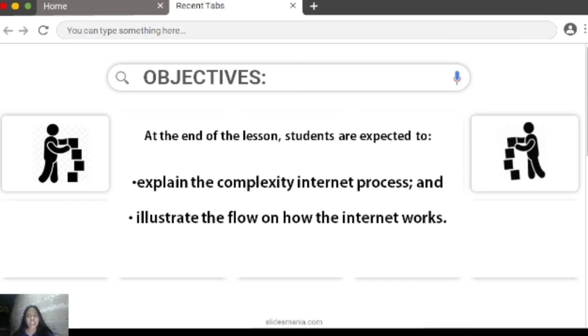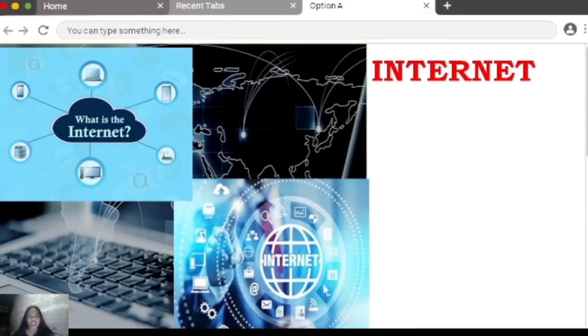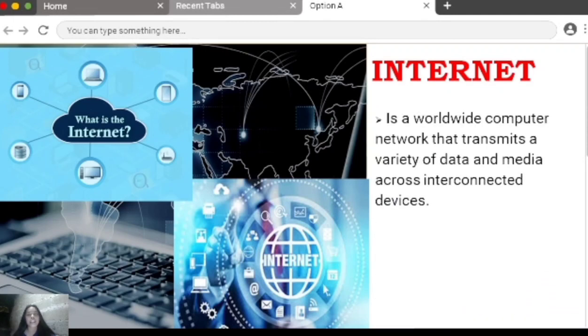So, let us know first what the internet is. The internet is a worldwide computer network that transmits a variety of data and media across interconnected devices.